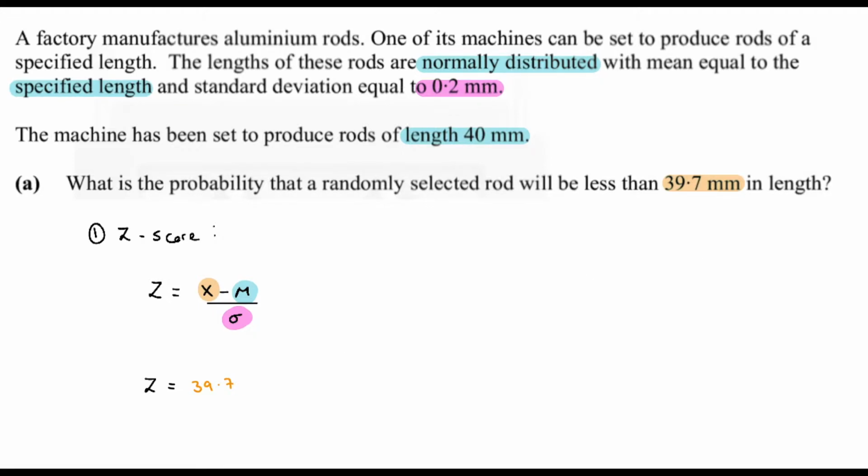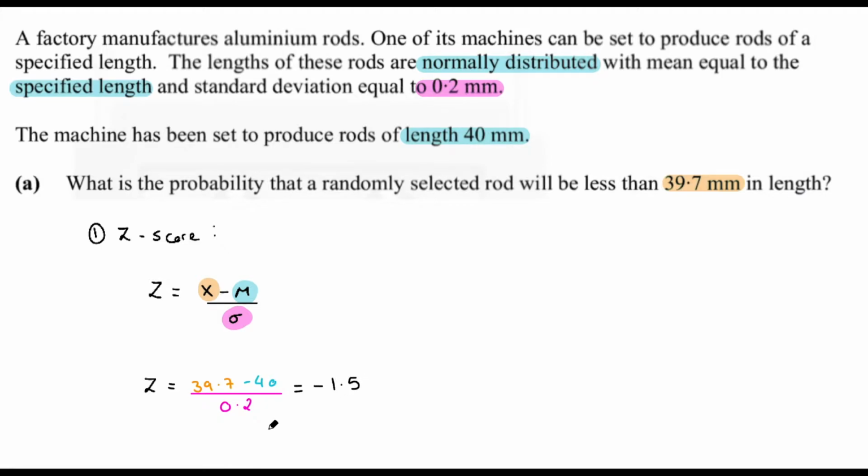We've got 39.7 minus 40 all over our standard deviation, which is 0.2. And popping that into the calculator, we are going to get minus 1.5. So we write that down for ourselves, minus 1.5.